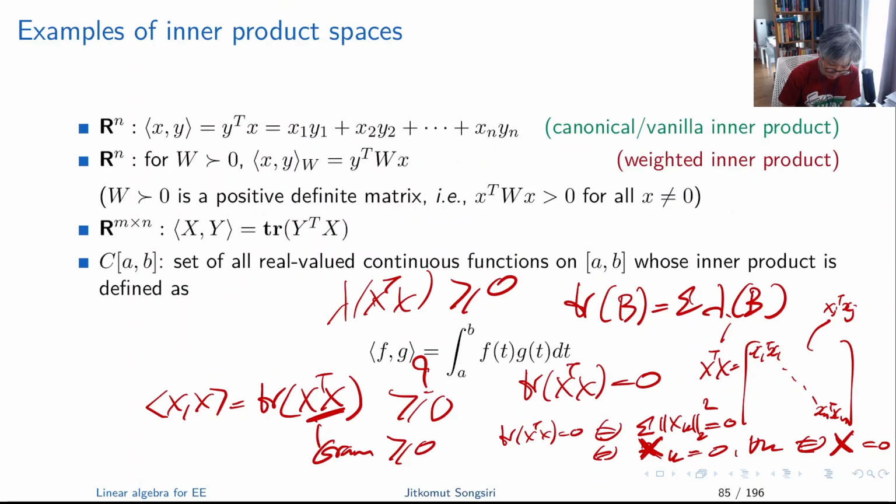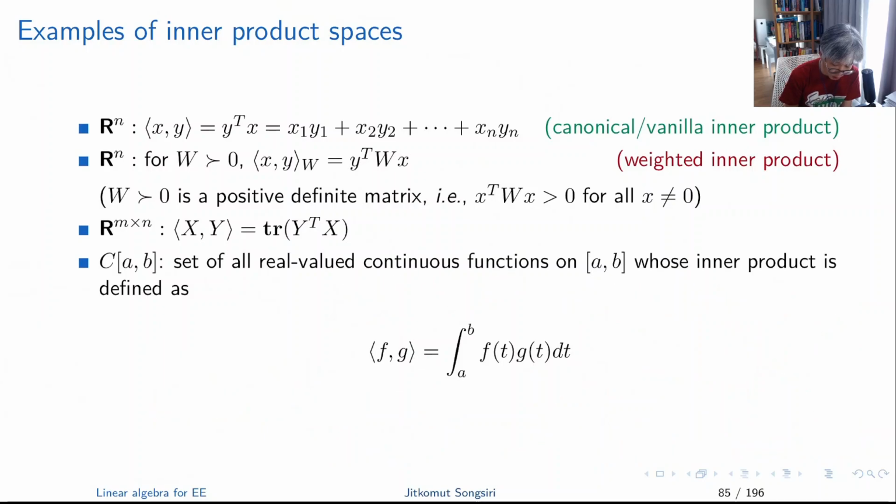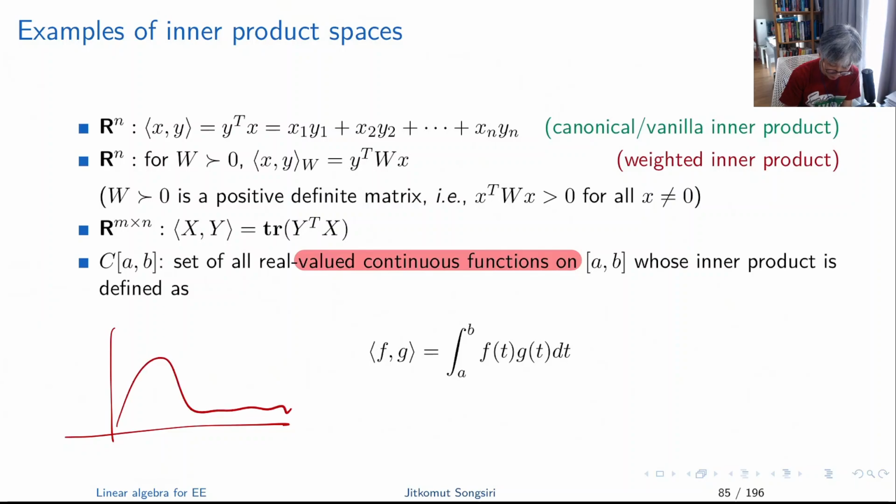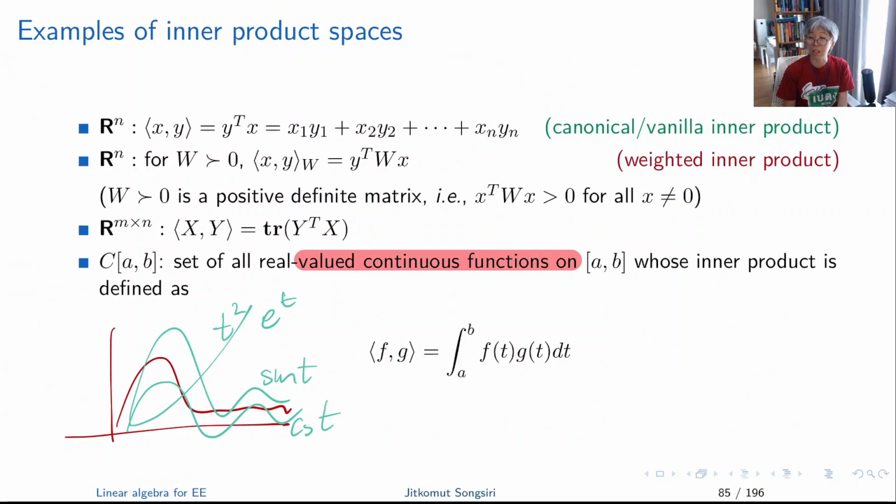Last example of an inner product: in the space of continuous real-valued functions. This is a class of functions. For example, you have a polynomial function, a sine function, a cosine function, an exponential function, any function that is continuous on the finite interval from a to b.